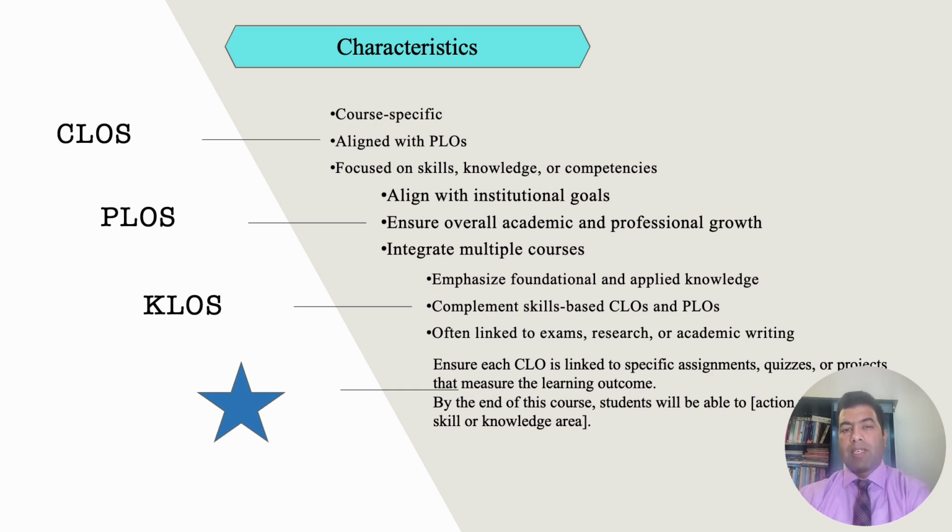If writing, then writing assignments, essay paragraphs, papers, or a thesis. By the end of this course, the student will be able to use action verbs, not verbs like "understand." No, the student will identify action verbs. So we have to achieve the goal by using action verbs.